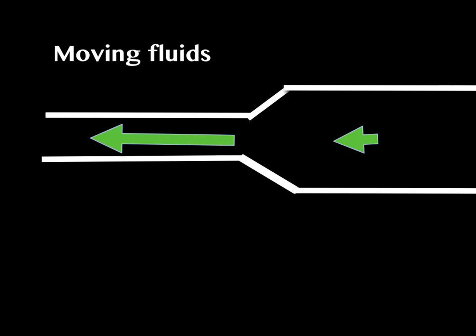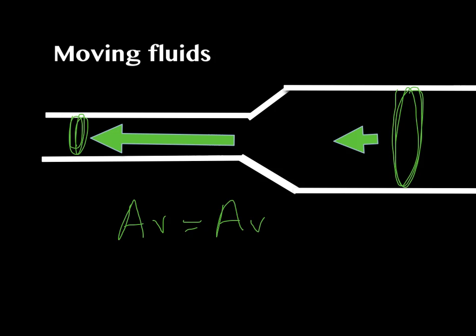How fast it's going is really a reflection of the cross-section area, the areas of the two parts of the pipe that it's going through. So the equation we use is that the area times the velocity is equal to the area times the velocity.